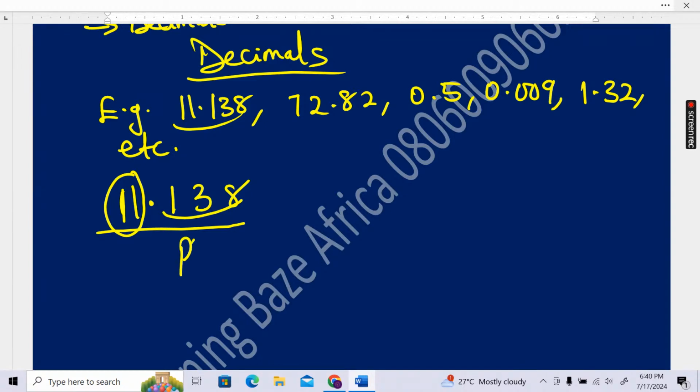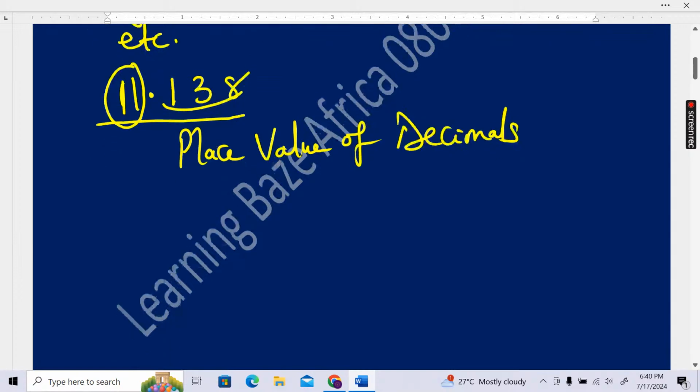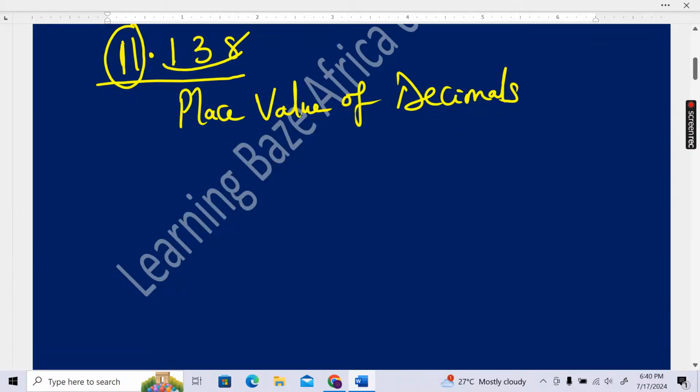Now let's talk about the place value of decimals. This is very important because sometimes when you're asked to do something that has to do with decimals and you can't identify the place value, you may be unable to carry out that operation.